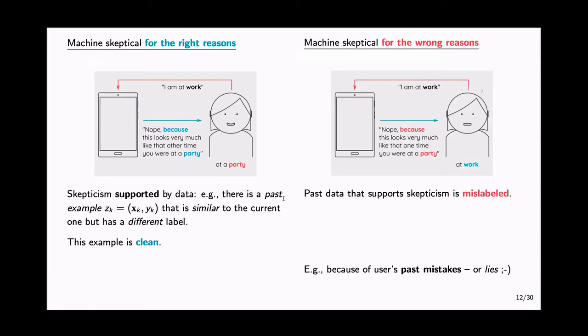However, it can happen that the machine is skeptical for the wrong reason. Again, here, the user is working, and by answering the question of the personal assistant, she correctly says that is working. However, suppose the sensor data that we collect through the smartphone falls very nearby another example in our training set, which was labeled as party.